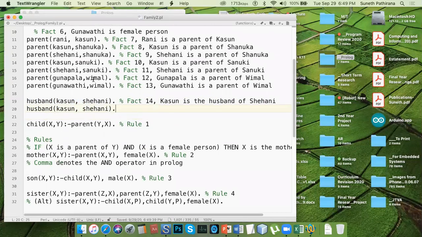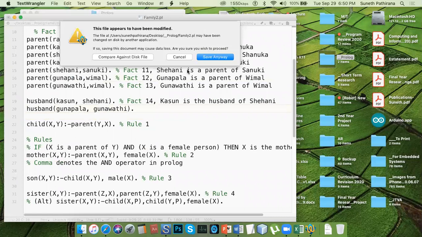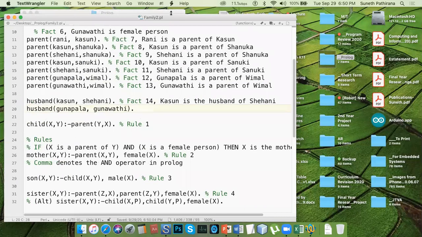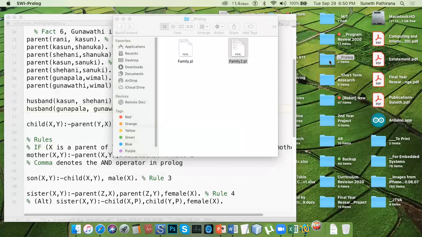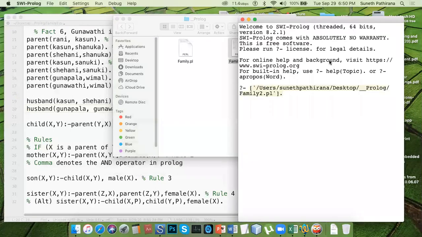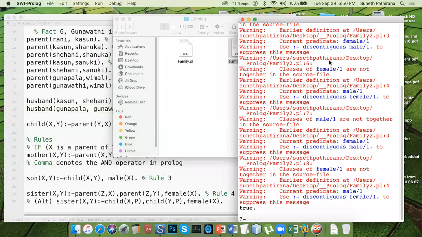Husband, who is Gunapala. Gunapala is the husband of Gunavati. Then shall we try again? Okay.